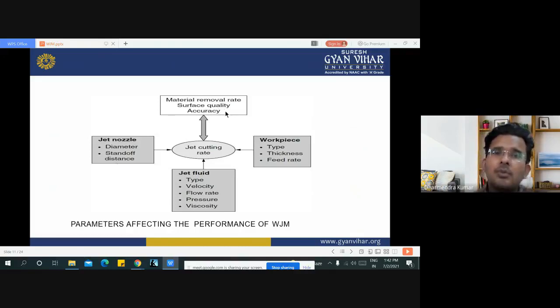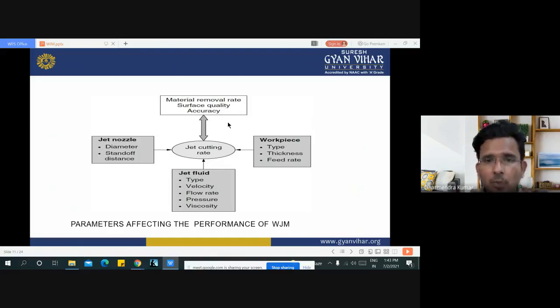Material removal rate, surface quality, and accuracy are totally dependent on these three parameters: jet nozzle, jet fluid, and workpiece. For the workpiece, it matters which type of workpiece we are using, what thickness of workpiece we are using, and what feed rate is given in water jet machining.